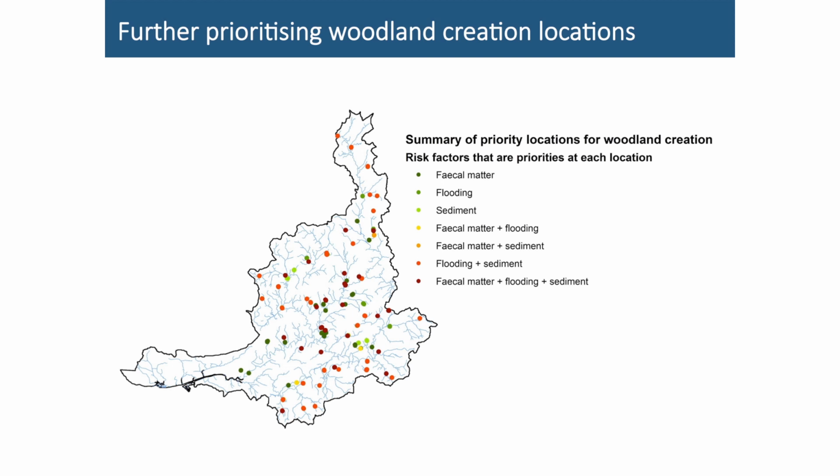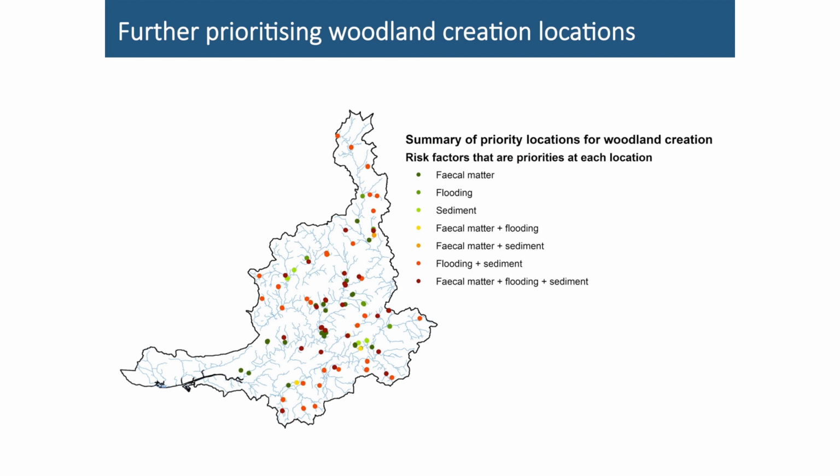And we actually noticed that there was some overlap between these data sets. So a stretch of watercourse that might have a high risk of flood generation may also have had a high risk of faecal matter input or sediment input, or any combination of those three. And so the next stage of the modelling process was just to highlight where those overlaps were.